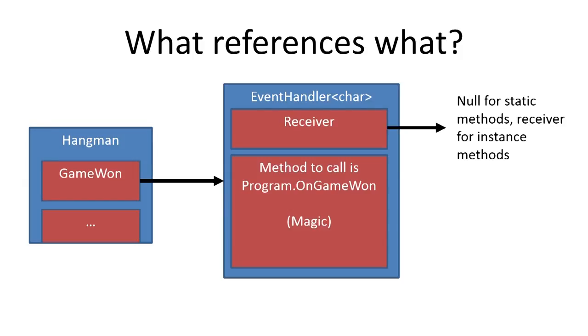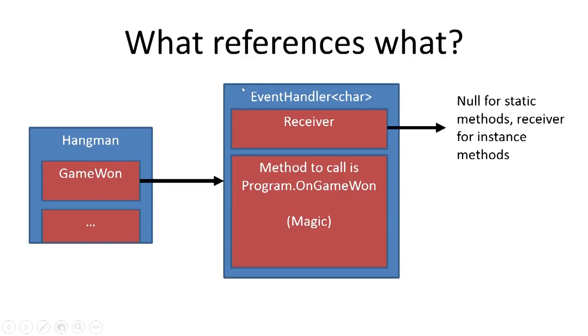All right, so just to review a little bit, I want to make sure that we understand what is referencing what here. So if we have our Hangman class here, and it has an event called game1, this guy you can think of logically as a field of delegate type. Delegates are reference types, and so therefore this refers to some instance.